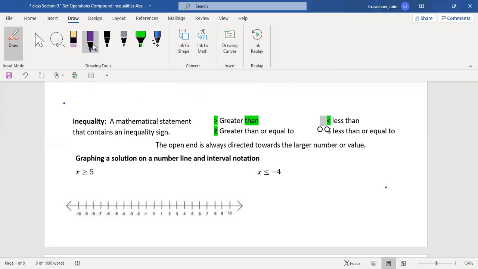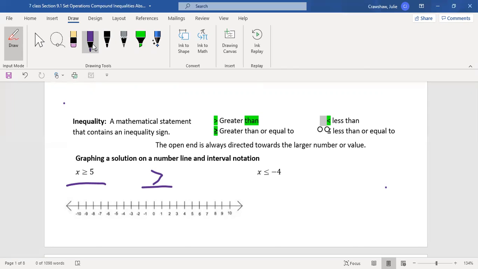The solution to an inequality can be represented on a number line. So down here below, I have x is greater than or equal to 5. That line underneath the inequality represents that this x can either be bigger or it also can be equivalent to the 5.